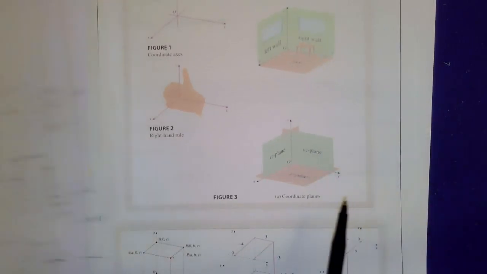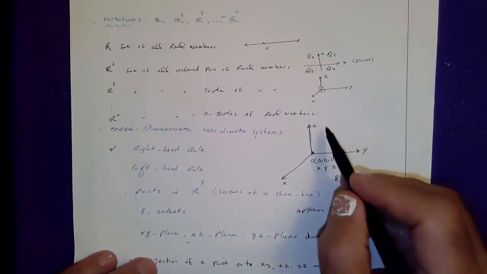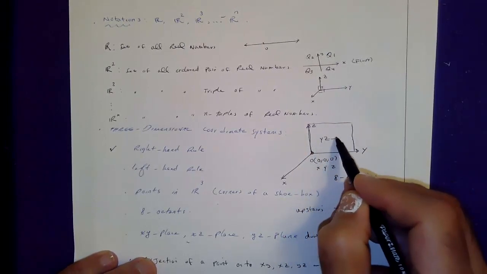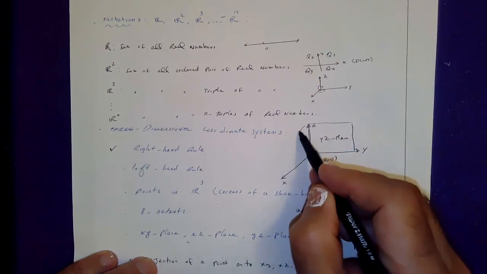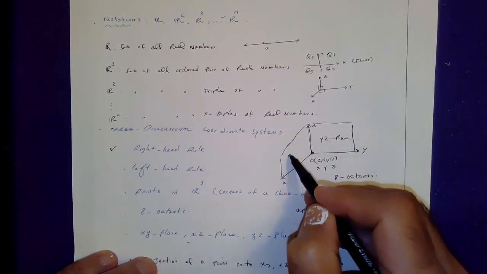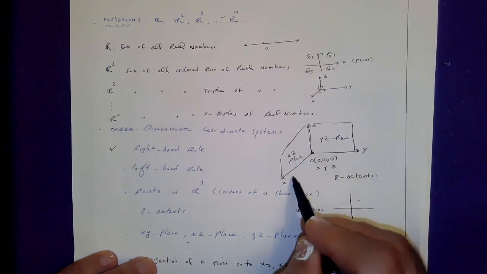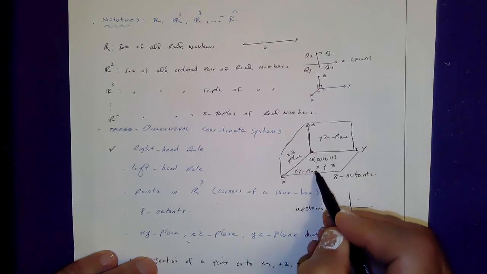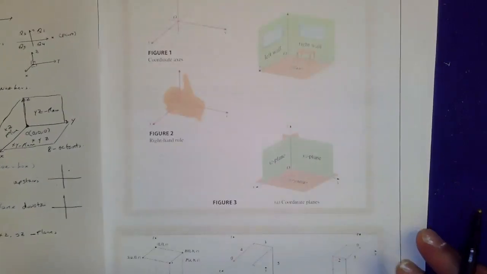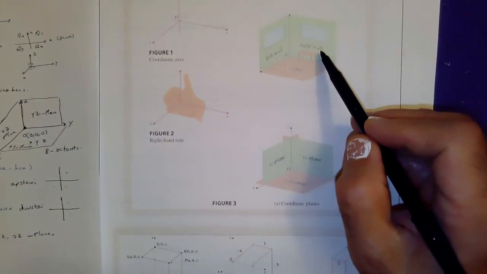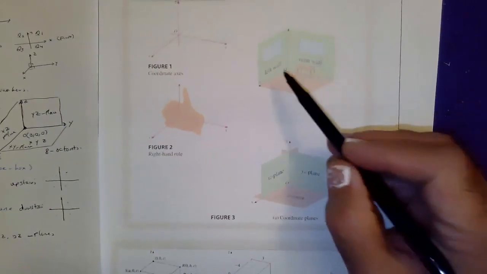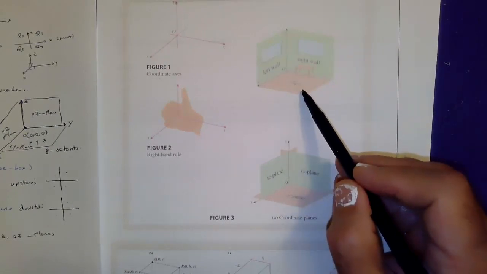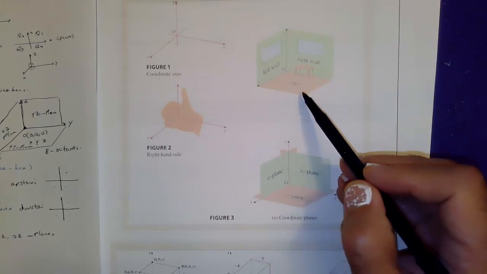Notice, now we have these planes. This one is called the YZ plane, this one is called the XZ plane, and this one is the floor, which is called the XY plane. In terms of a diagram, that would be the right wall, let's call that the YZ plane, this would be the left wall, let's call that the XZ plane, and the floor would be the XY plane.